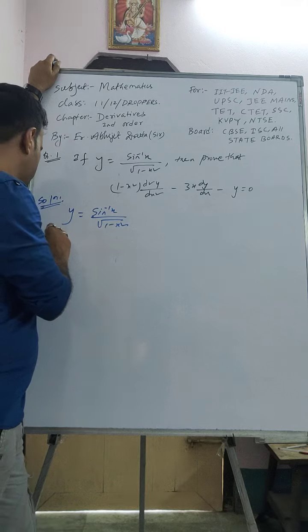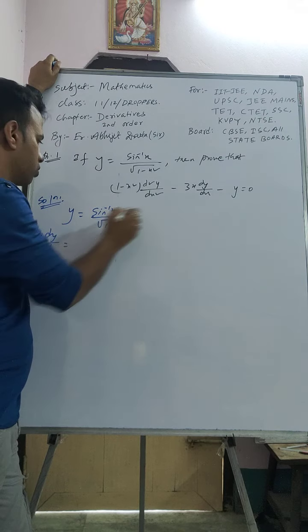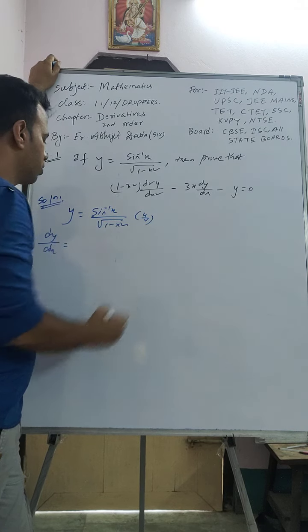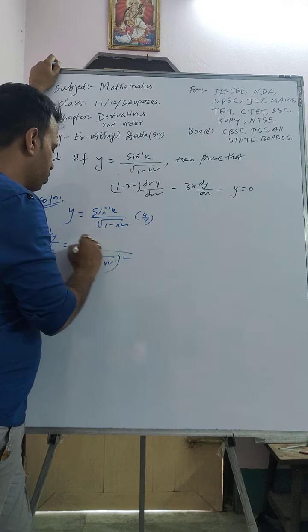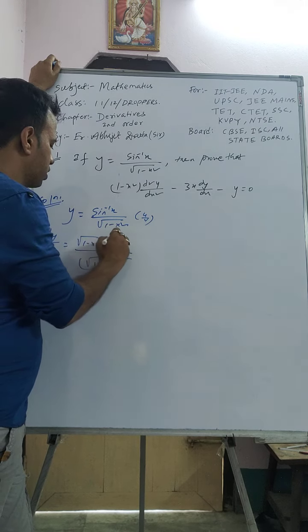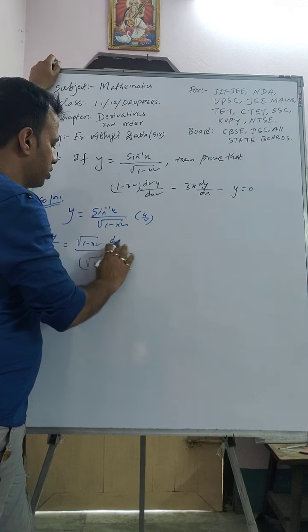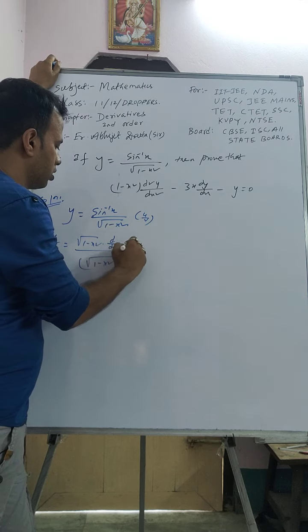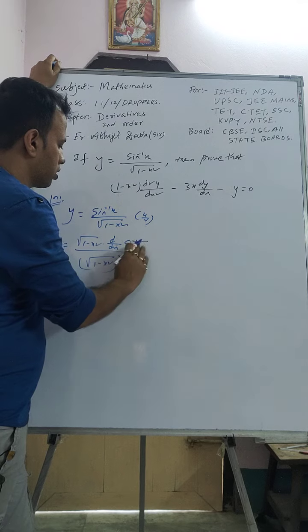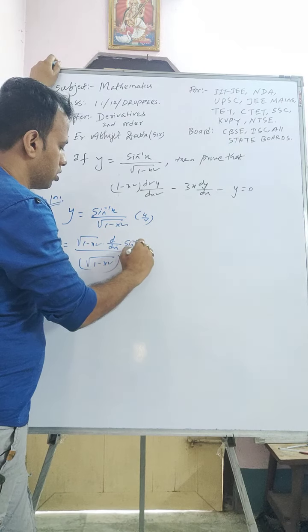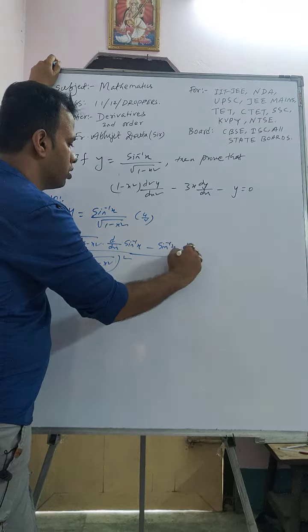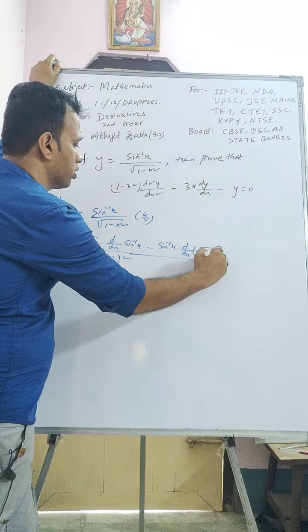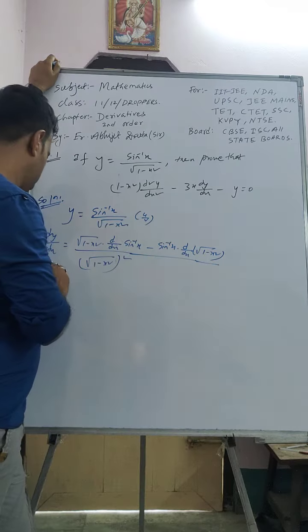Now differentiate with respect to x. This one is u by v form, is it not? So root over 1 minus x square whole square, 1 minus x square d by dx of sin inverse x, minus sin inverse x d by dx of root over 1 minus x square.